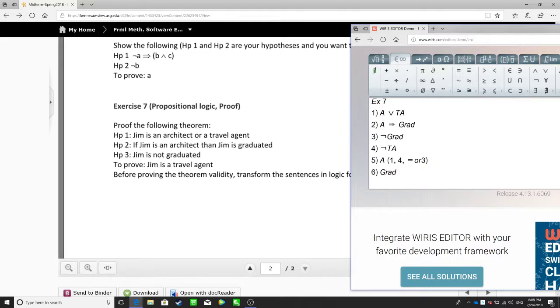James is graduated. It's based on 2 and 5, right? Because 2 says A implies graduated, and 5 says A. So based on 5 and 2, James is graduated, right? And here, number 3 already tells us graduated is false. So here is actually a false, which is a conflict. Okay.